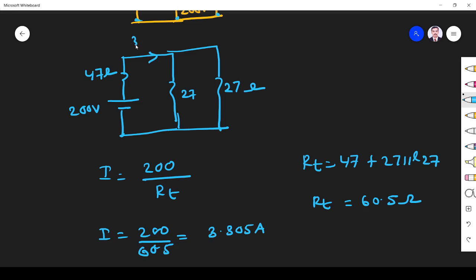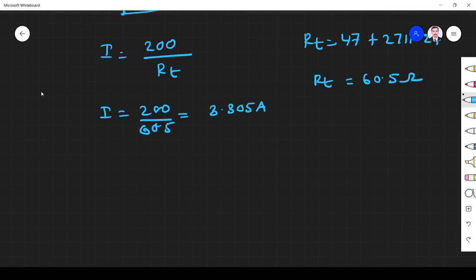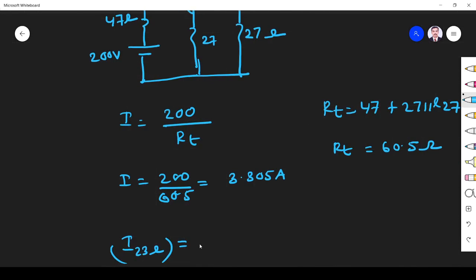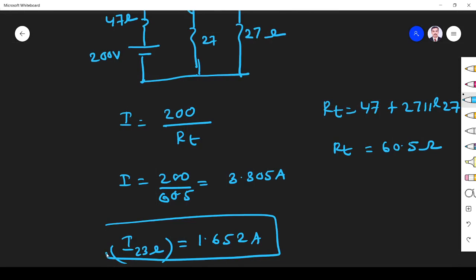This 3.305 comes here and is divided equally among these two, since both have the same resistance. So 3.305 by half is 1.652 ampere. It is the current through 23 ohm due to 200 volt source.